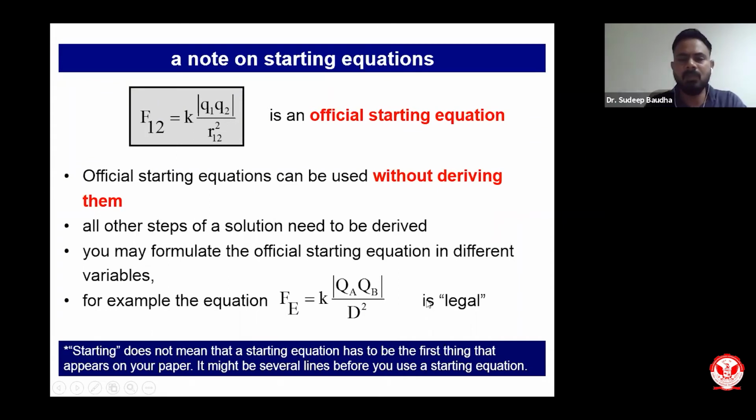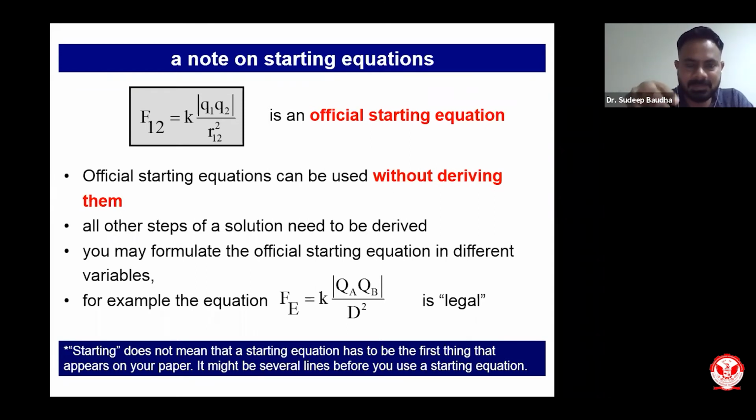So this is a more generalized form of Coulomb's law, where I have written in terms of two charges, QA and QB. D is the distance, and K is the value 1 upon 4 pi epsilon naught. Now when I say starting, it does not mean that the starting equation has to be the first thing that appears on your paper.